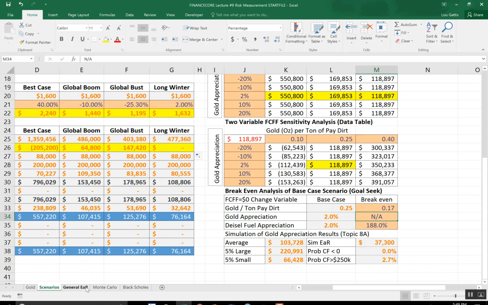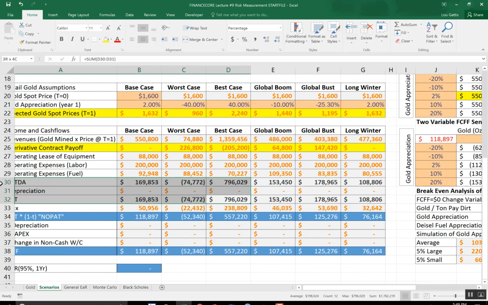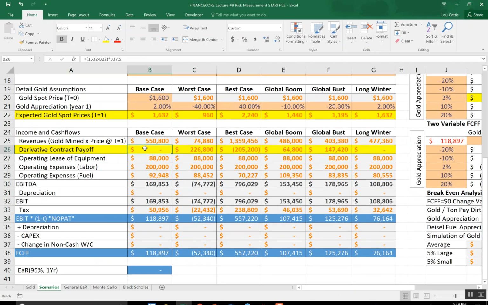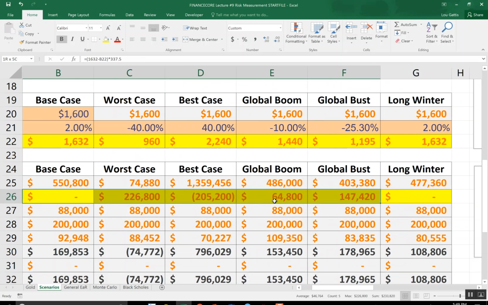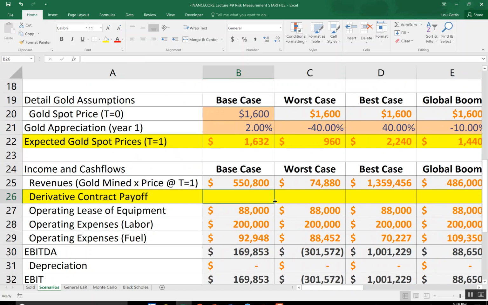So let's go back to this model here, the scenarios. But now, in this area here, we're going to get rid of these formulas because that's modeling a forward contract. And we're going to say the first thing we do is we're going to subtract the $222.09 times 337.5 ounces.